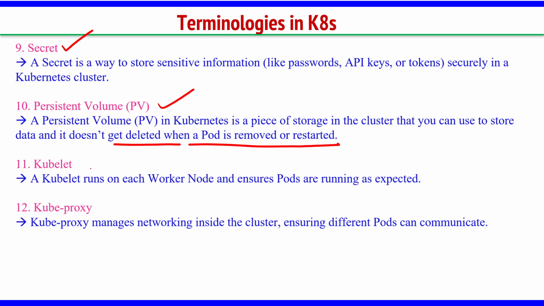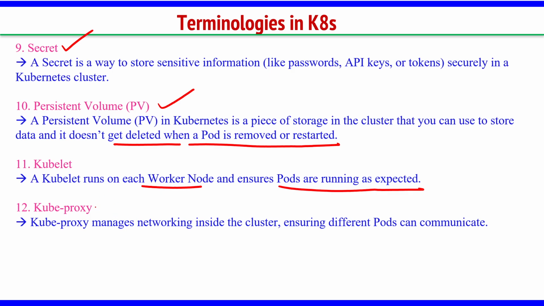Then kubelet. Kubelet runs on each worker node and ensures that pods are running as expected. So, one more very important component in Kubernetes, or the frequently used term, is kubelet. Once we understand the Kubernetes architecture, we will be talking a lot about kubelet, right. Inside worker nodes, there is something called kubelet, which will make sure that the pods are running properly, right.